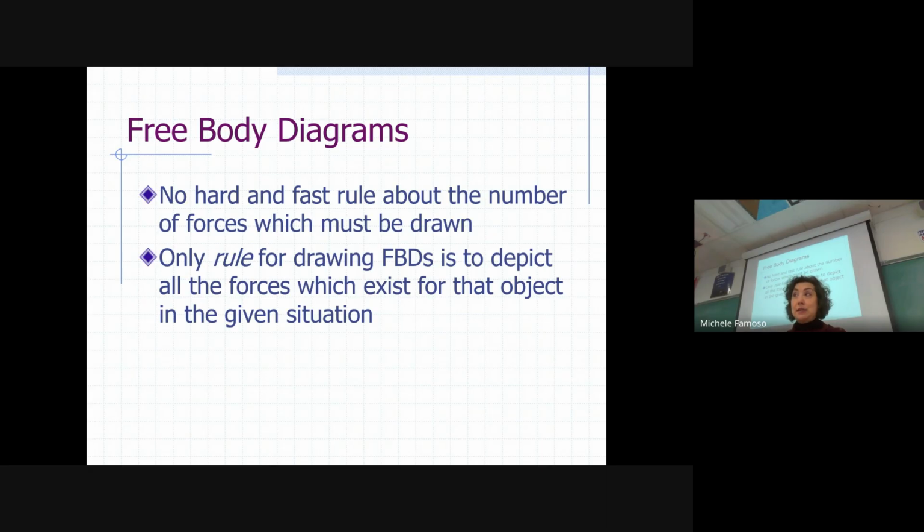Now, there is a hint that I can give you for purposes of taking a test. You ready for that hint? On our constructed response questions on a test, at the end of the question, I put in brackets a number. Have you realized that?